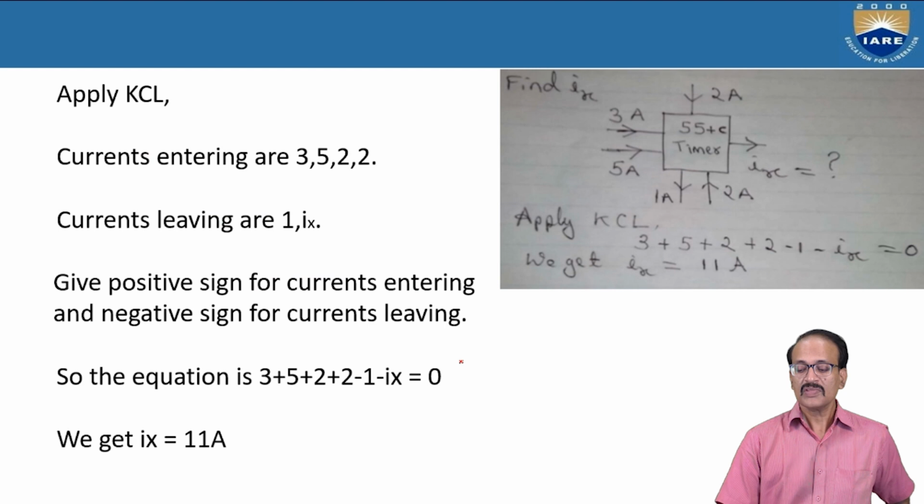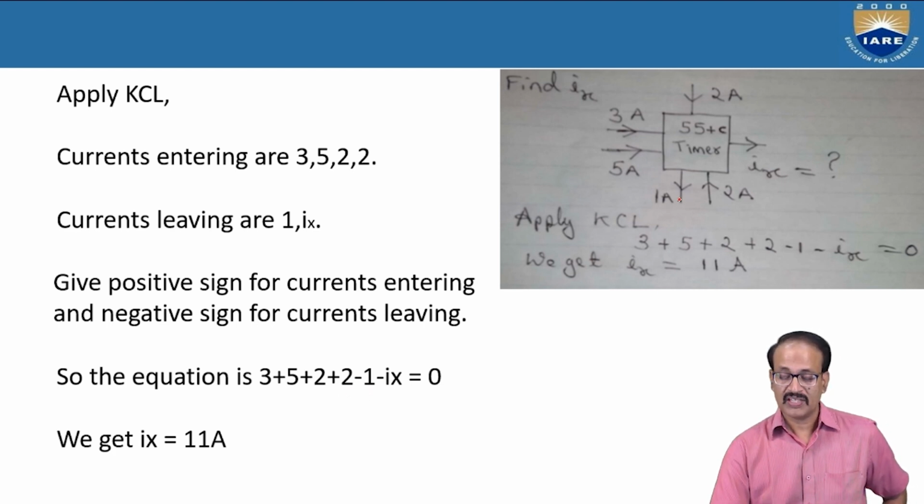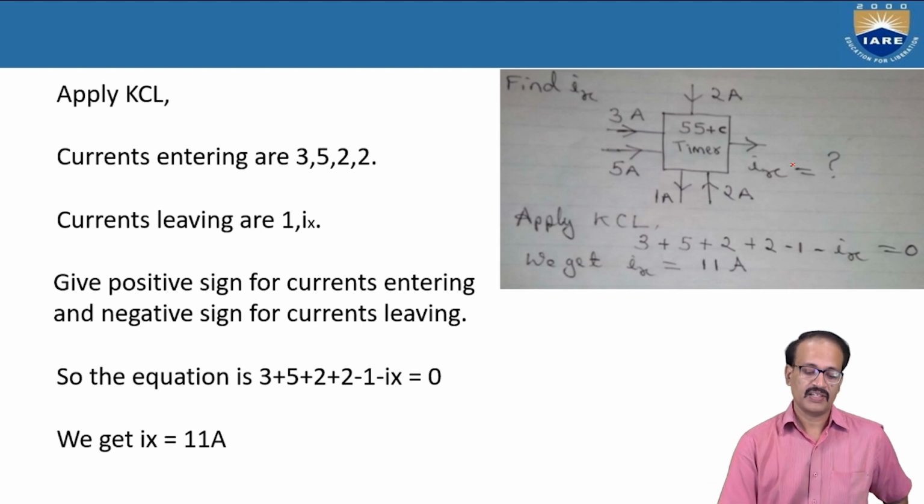So 3 is entering, plus 5 is entering, plus 2 is entering, plus another 2 is entering, and this 1 is leaving, so we write minus 1, and Ix is also leaving. If you solve, you get the answer as 11 amperes.